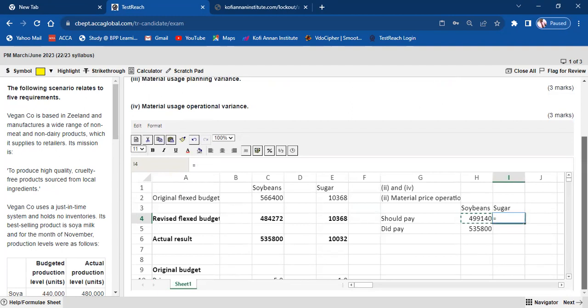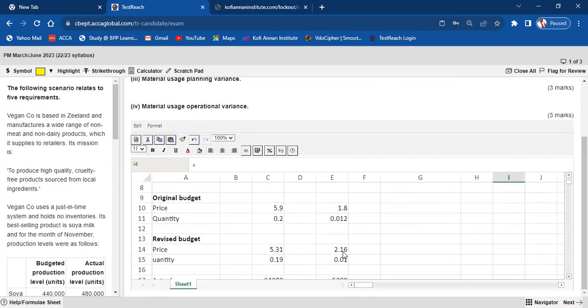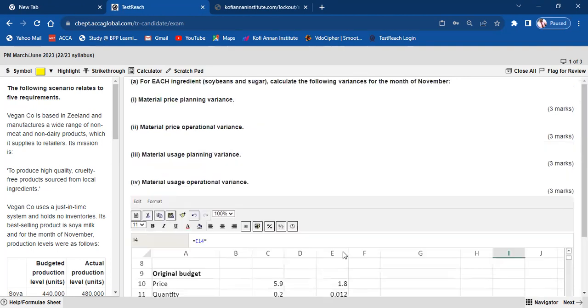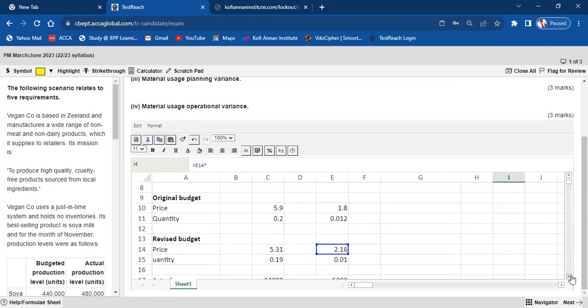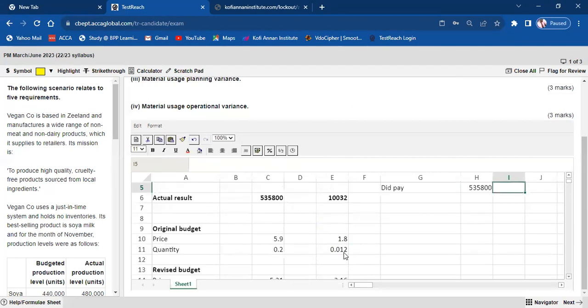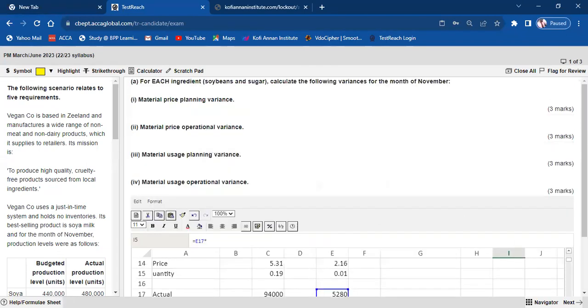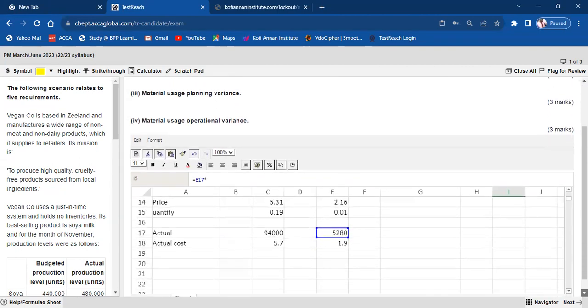We should have paid revised a price of 2.16 for each one of the actual kilograms of sugar we bought, 5,280. But for each one of the 5,280 we bought of sugar, we paid 1.9.